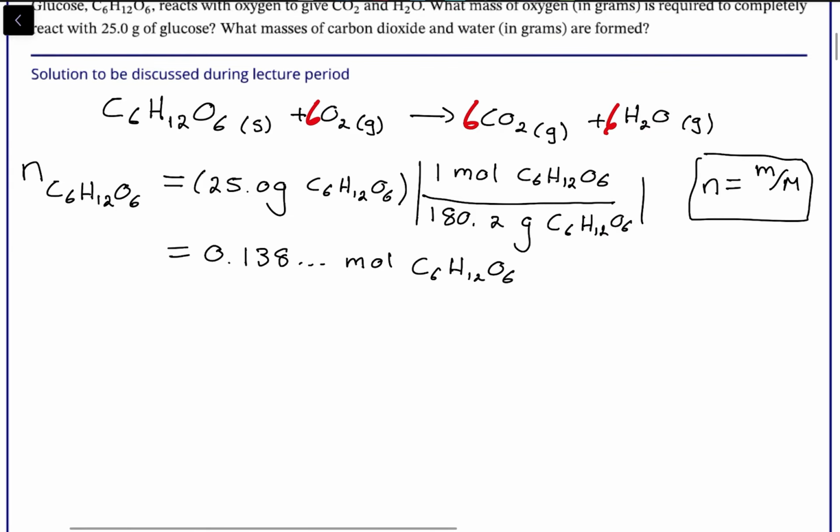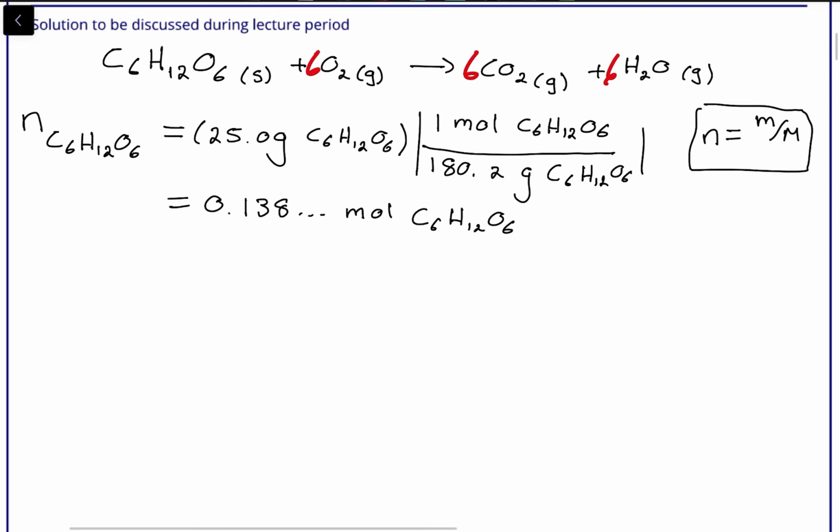All right, so now we have the number of moles of glucose. What can we do with that? From that, we can then relate that to the oxygen in some manner. But what can we extract from our chemical equation? So remind ourselves that 1 mole reacts with 6 mole of oxygen.